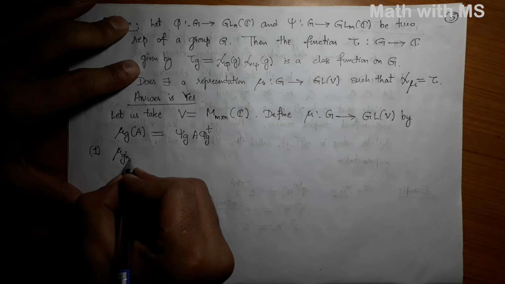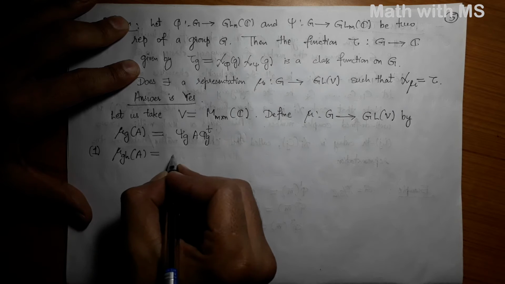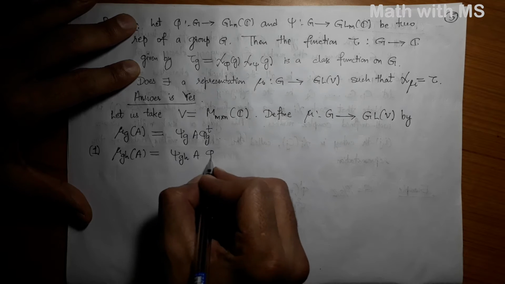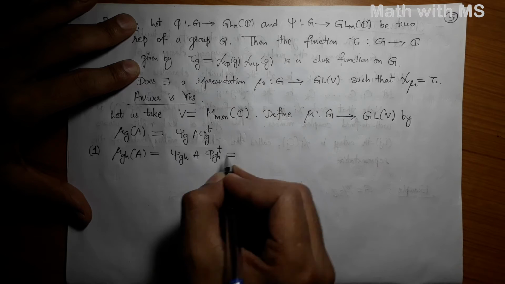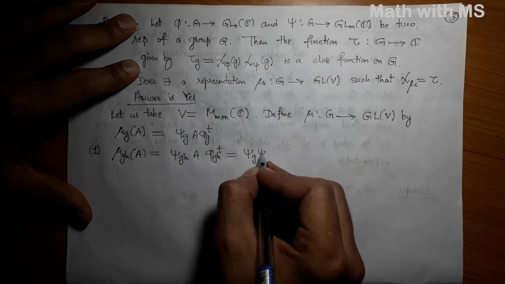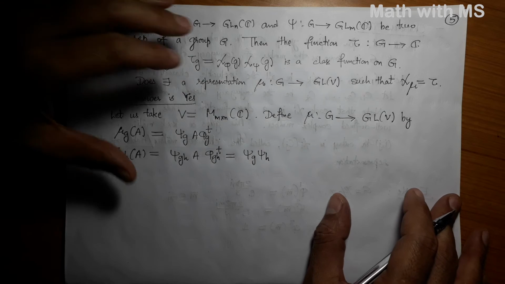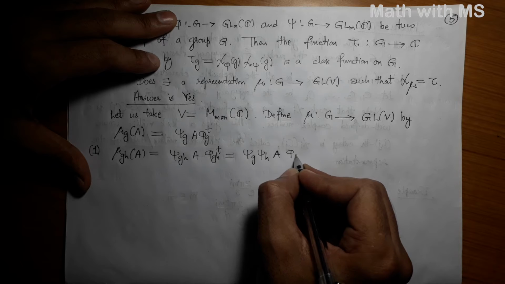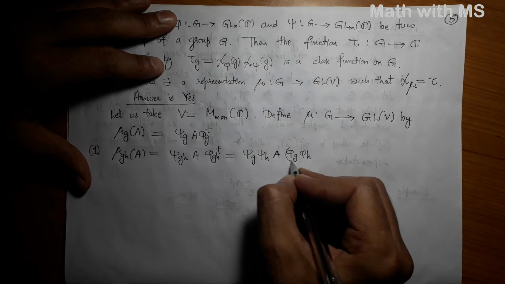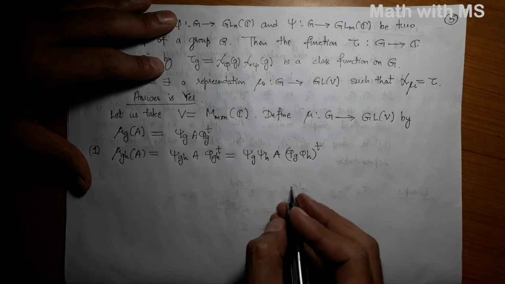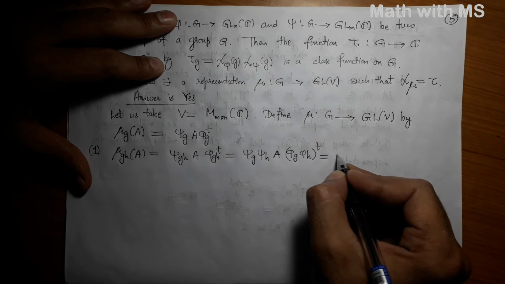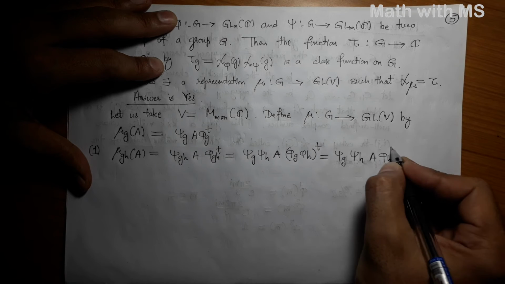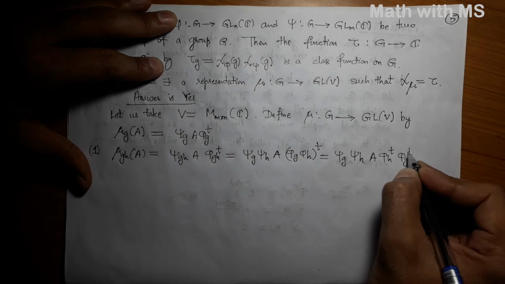So mu of gh acting on A is the same as psi of gh acting on A phi of gh transpose, but psi is a homomorphism, so it is the same as psi of g times psi of h times A, and this is the same as phi of g times phi of h whole transpose, but transpose of AB is the same as B transpose A transpose, so that is the same as psi(g) psi(h) A phi(h) transpose phi(g) transpose.